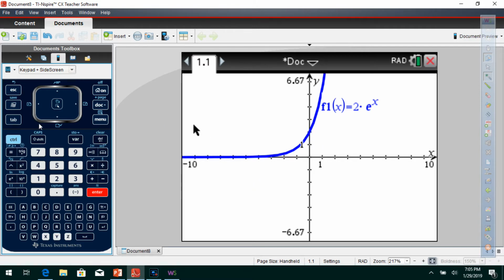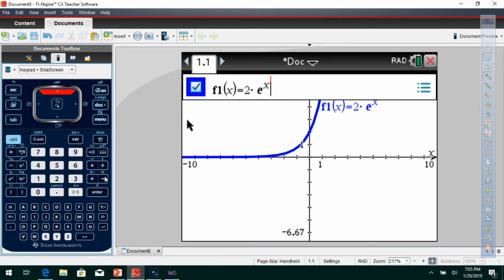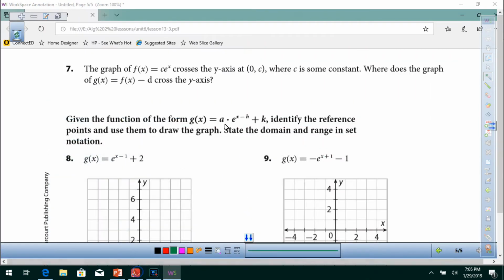Well, I wonder, if you put some number like 3 in there. Let's change that to a 3. All right. Now it goes through 3. So that's true.